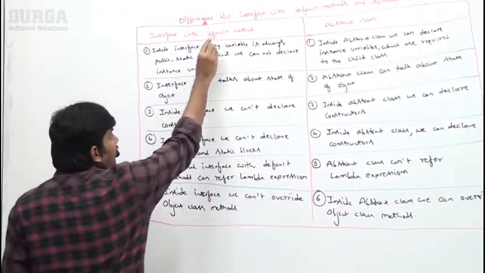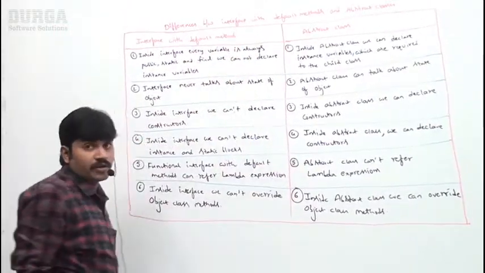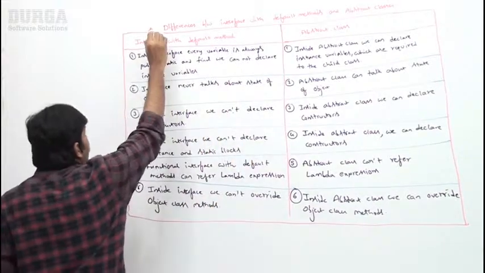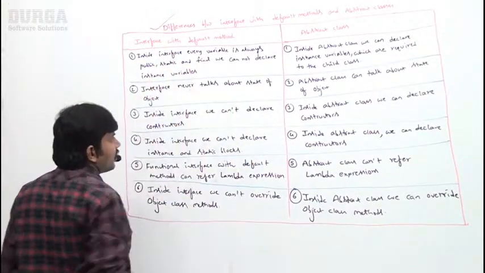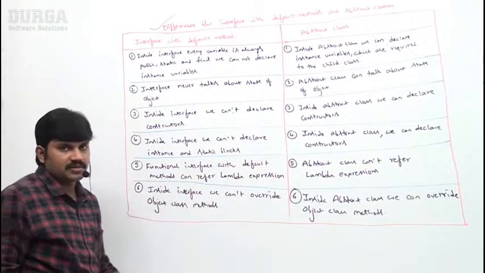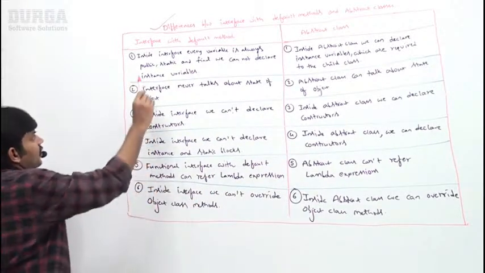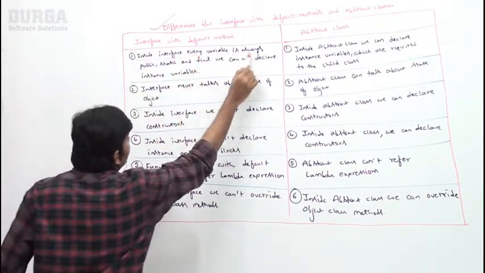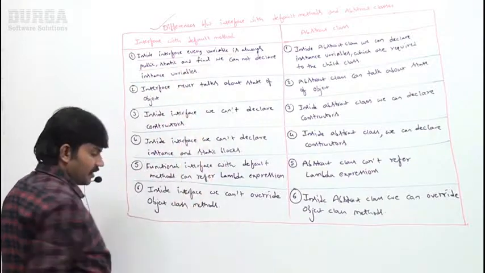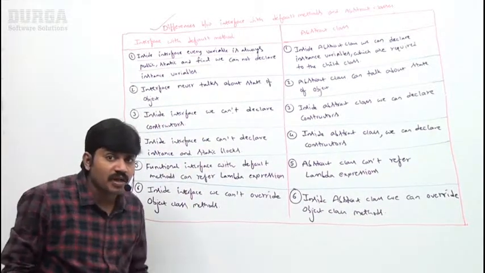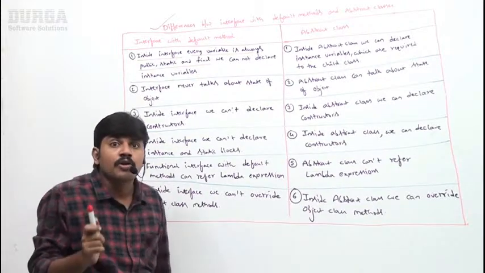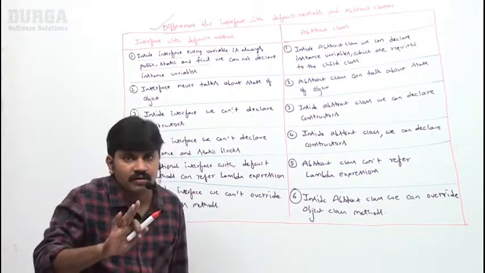Differences between interface with default methods and abstract classes. The first column I am taking as interface with default method, the second column abstract class. Very simple, first point, observe. Inside an interface, every variable is always public static final. Do you remember? Every variable present inside an interface is always public static final, whether we declare it or not.